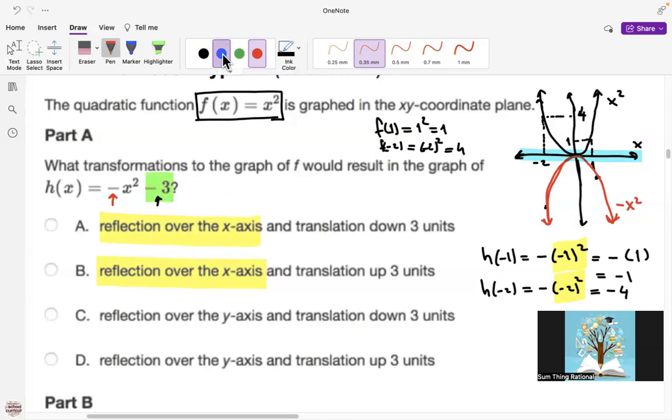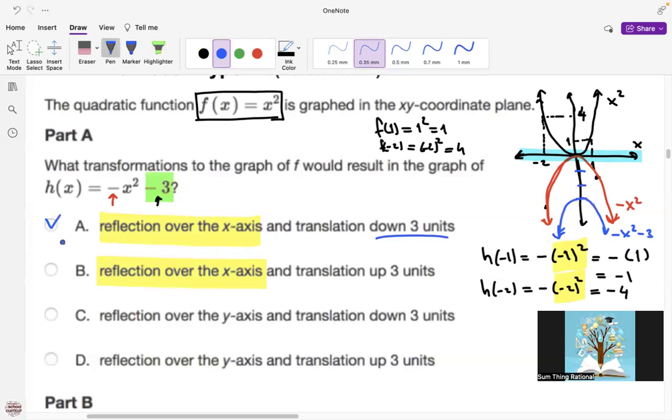Since negative 3 is subtracted from negative x squared, this red graph will come 3 units further down. If you extend the blue graph more, that is negative x squared minus 3, okay? So first a reflection over the x-axis and then translated 3 units down. Translated 3 units down is option A.